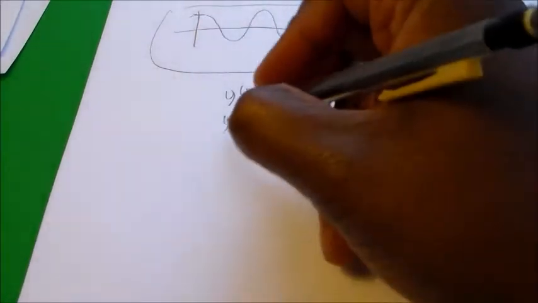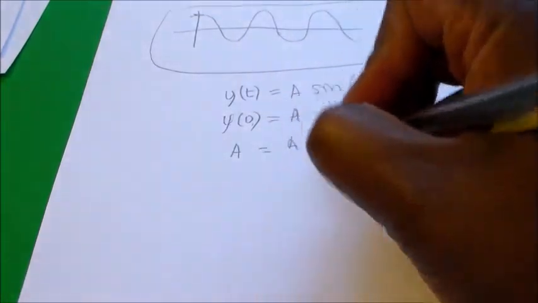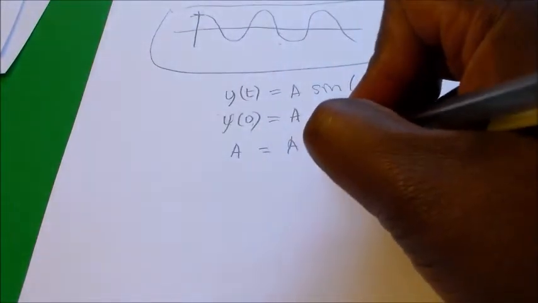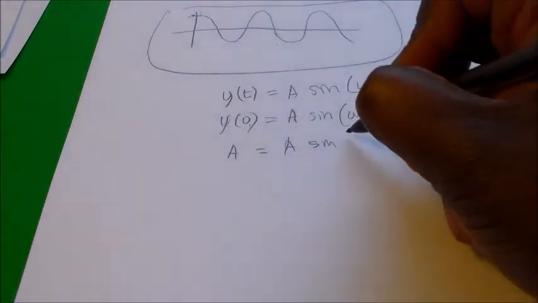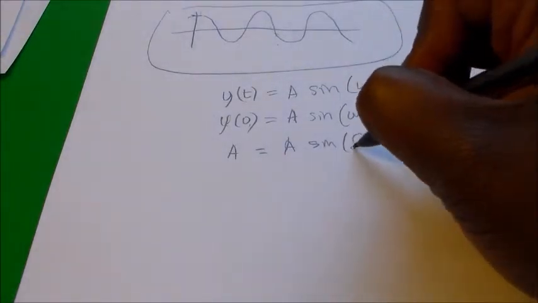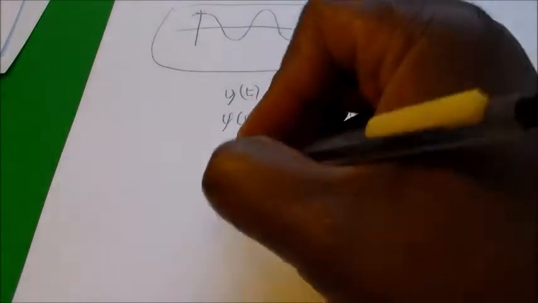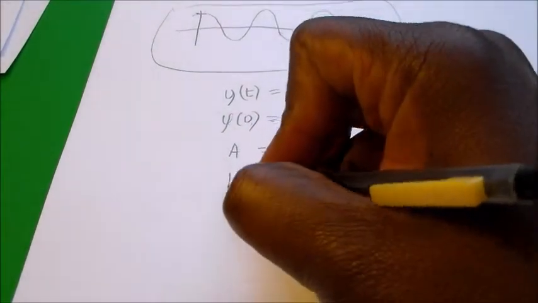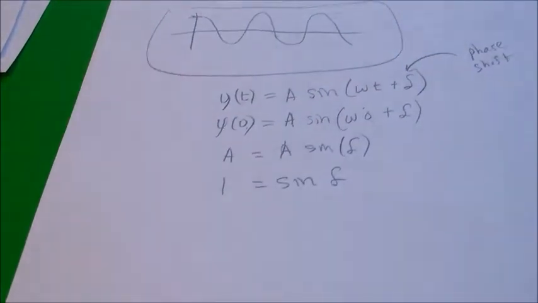And when it's at its highest amplitude, that means this y of 0 is equal to a, which means a is equal to a sine omega times 0, which gives me 0, so then we're just left with the phase shift in this case. Okay, and so therefore I can divide both sides by a, which gives me 1 is equal to sine of that phase shift.